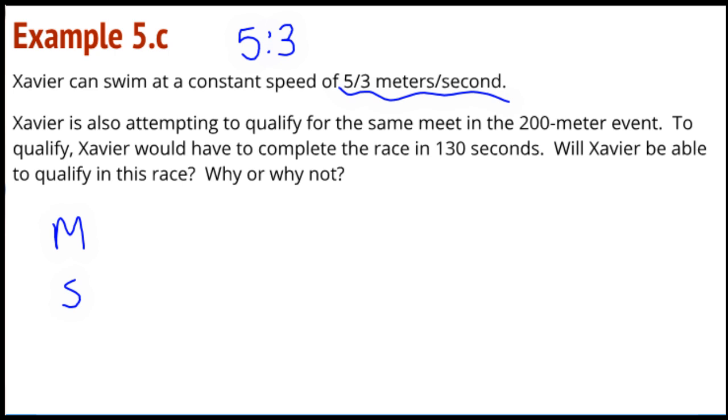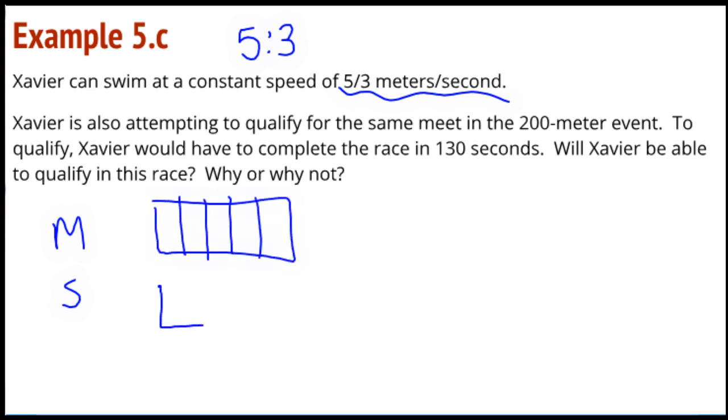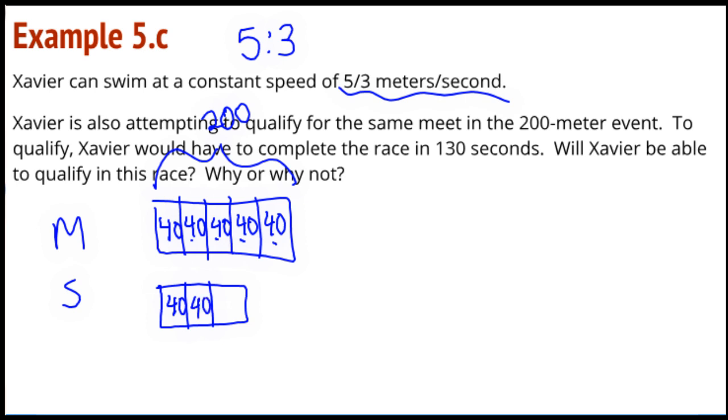Why or why not? All right, so I know that my meters is 5, and the seconds are 3. And I know that he's trying to go 200 meters now, and I see that that is split into 5 parts. 1, 2, 3, 4, 5. 200 divided by 5 tells me each piece is worth 40. And each of these is worth 40.